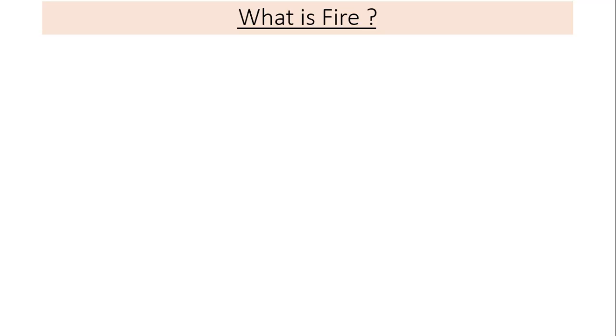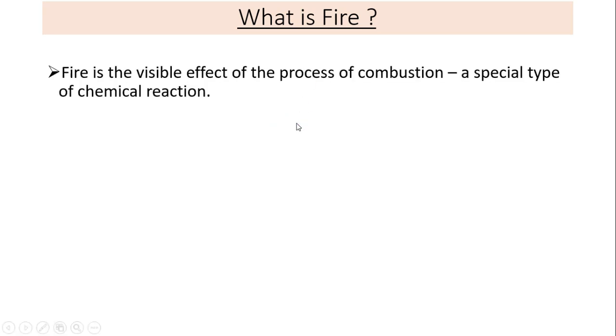Now come to the fire triangle. What is the fire triangle? Oxygen, fuel and heat are needed for a fire to occur. To ignite a fire, these three parameters must be there.